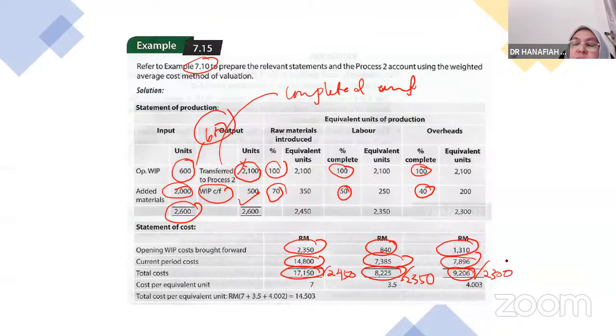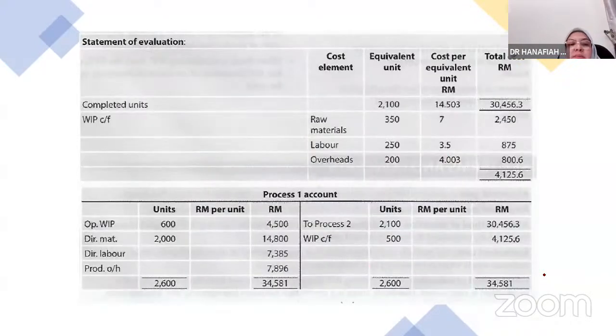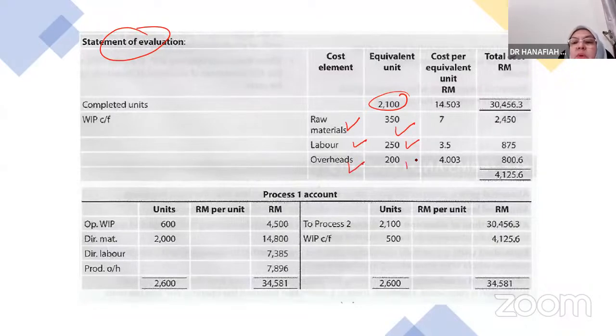Just now is 1570, but now is 7 plus 3.5 plus 4. It's equivalent to 14.503. And these figures need to be transferred to the statement of equivalent here. You have the completed unit and the figures from the previous statement, and the raw material here 350, labor 250, overhead 200.